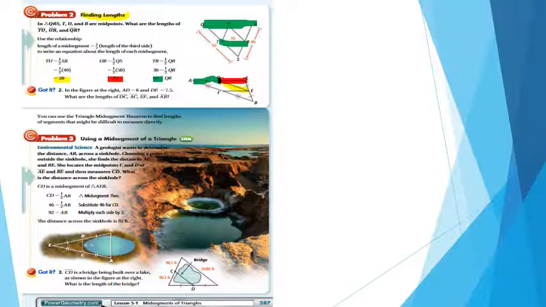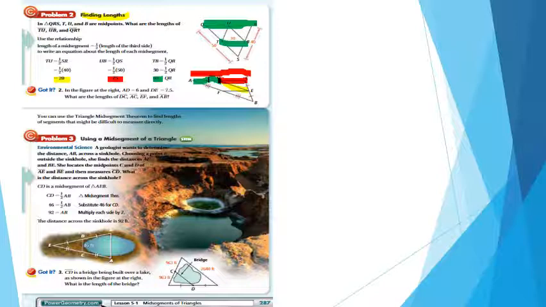DC. If AD is 6, then of course it's clear that DC is also 6, because D is a midpoint. And then AC, what is AC? The big one here. Of course, this is 6 and this is 6, so AC will be 12.